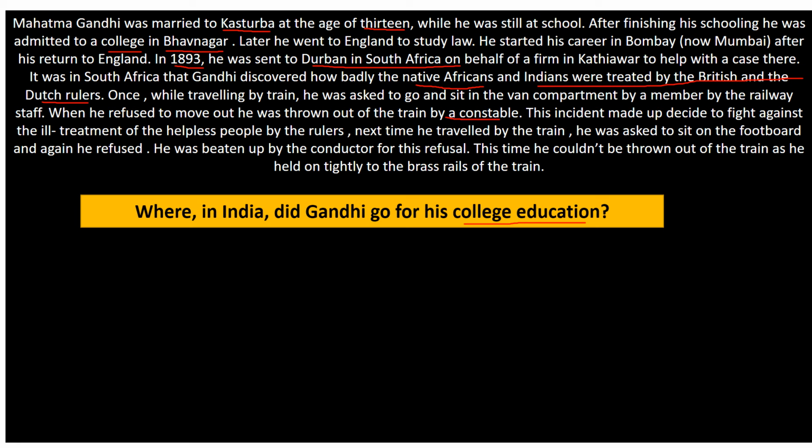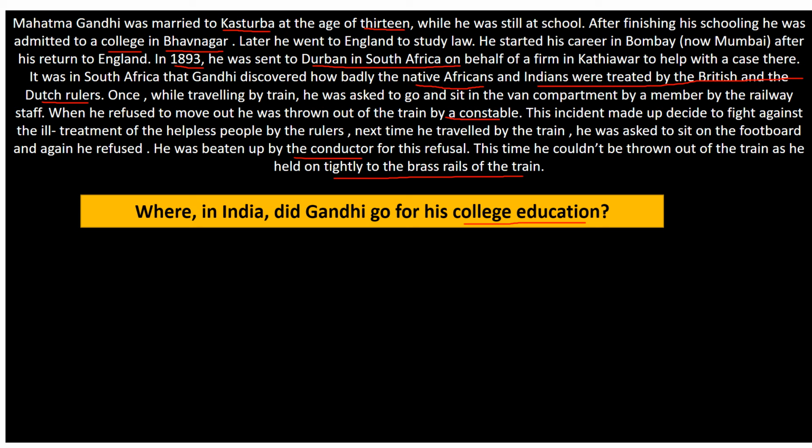This incident made him decide to fight against the ill treatment of the helpless people by the rulers. Next time he traveled by train, he was asked to sit on the footboard, and again he refused. He was beaten up by the conductor for this refusal. This time he couldn't be thrown out of the train as he held on tightly to the brass rails of the train.